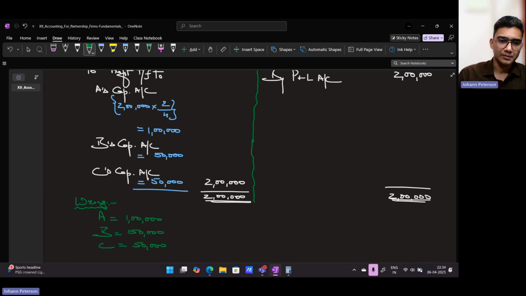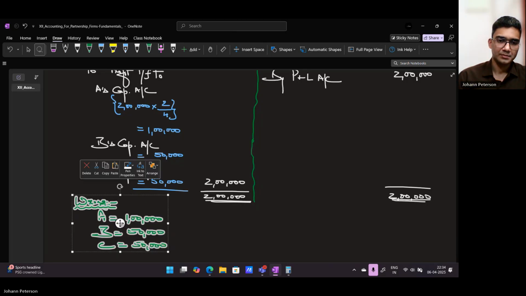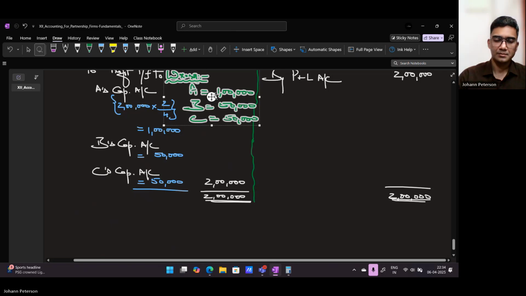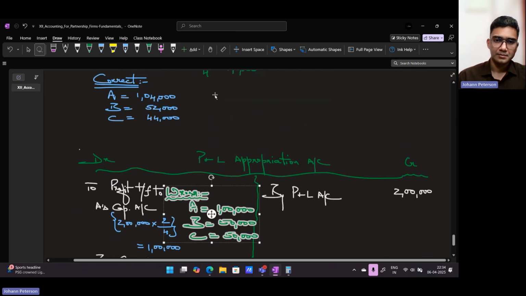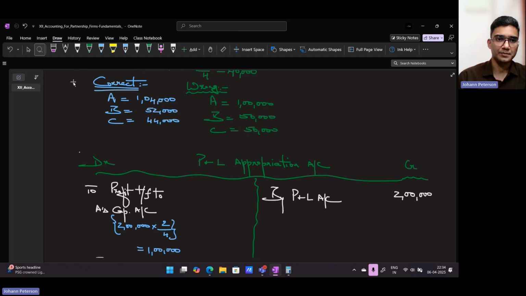This was the wrong way. In the wrong way, A is getting 1 lakh, B is getting 50, and C is getting 50. So if I cut this from here, I take this up and I paste it there, just beside the correct way for us to analyze.